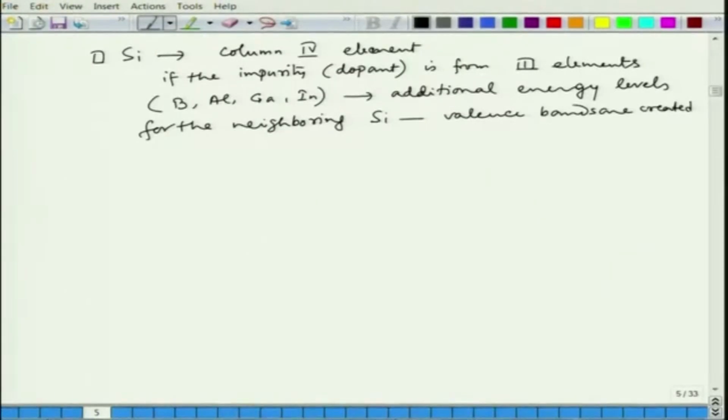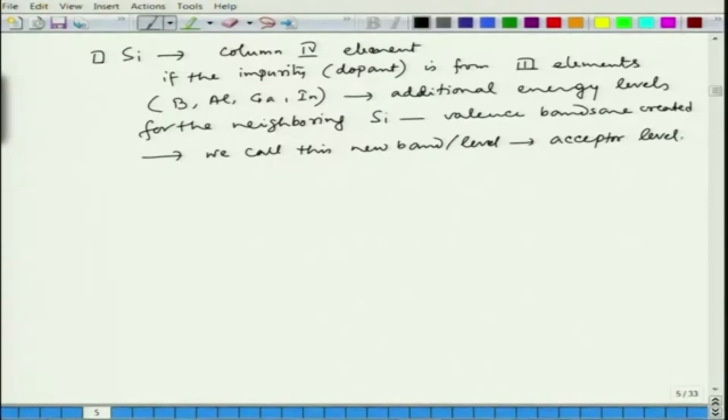They create an energy level which is close to the original valence band of silicon, and that is why we say they create a valence band, and we call this new band or new level the acceptor level.